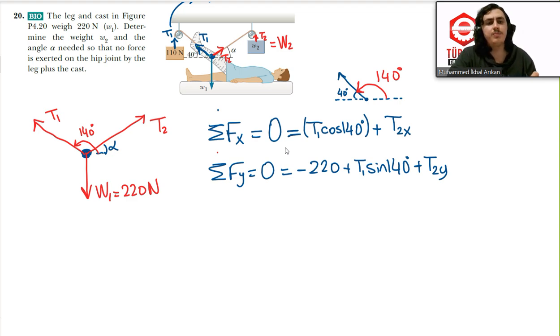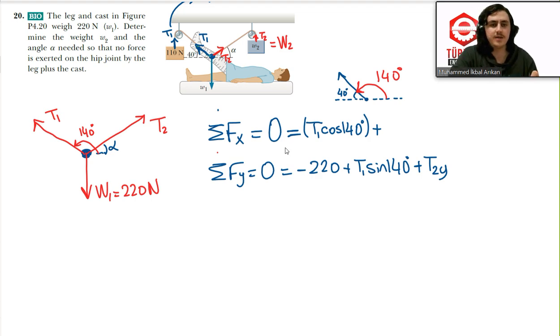So I will put this T2x in terms of T1. Okay, so when I see here, actually I have three unknowns here: T1, T2x and T2y. So I made a mistake here. I put T2x and I didn't put T2.